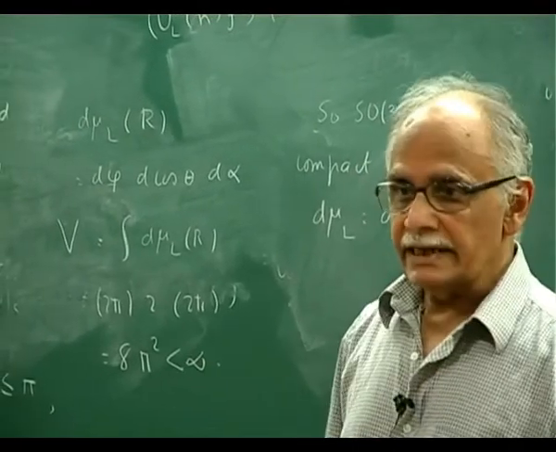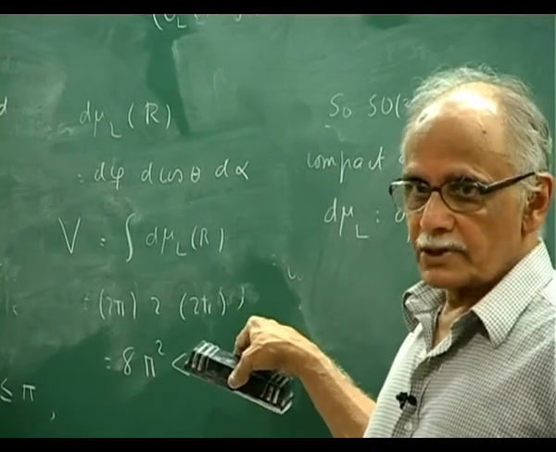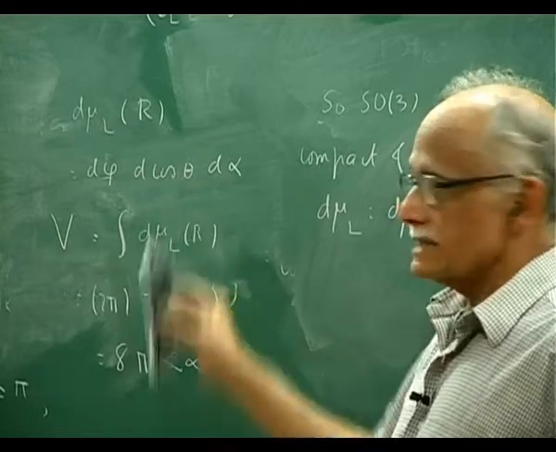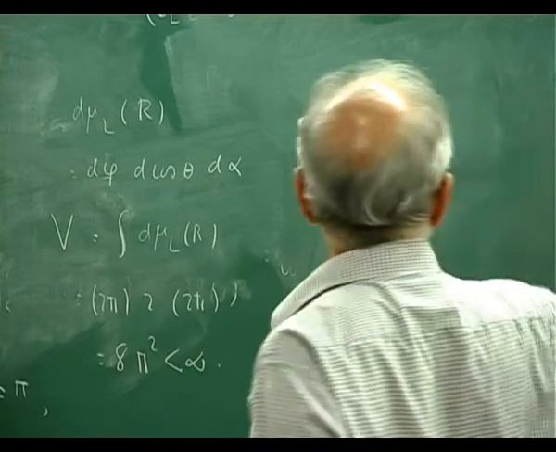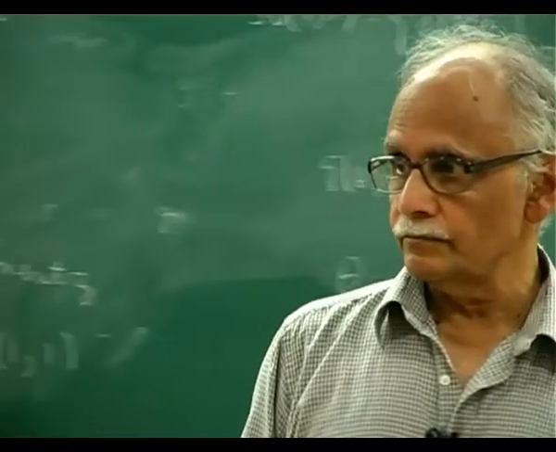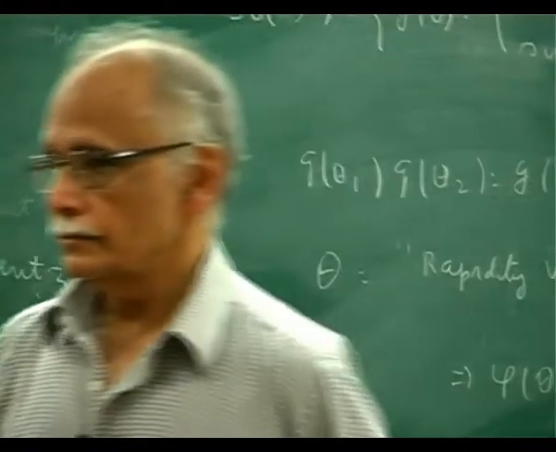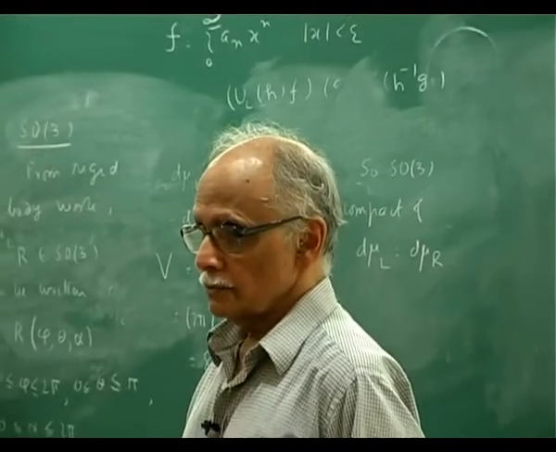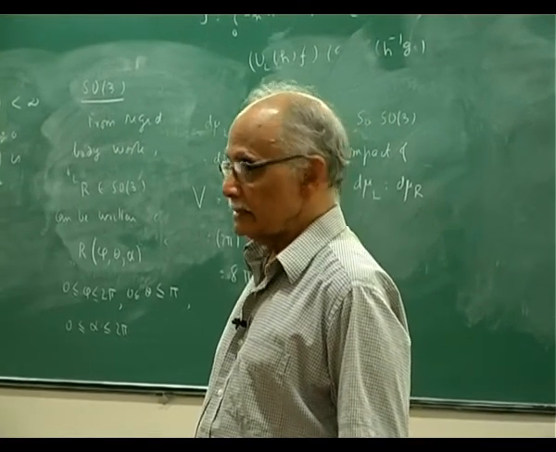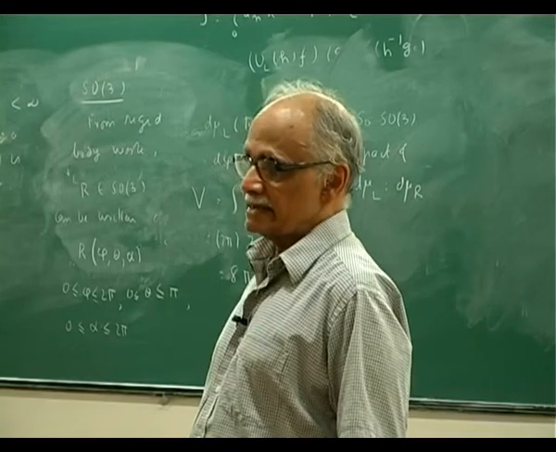In the book I have given some plausibility arguments for why this formula I have written down is reasonable. But I won't get time to finish this. There can be different left and right measures, and if the volume is finite, you will always get the same answer.